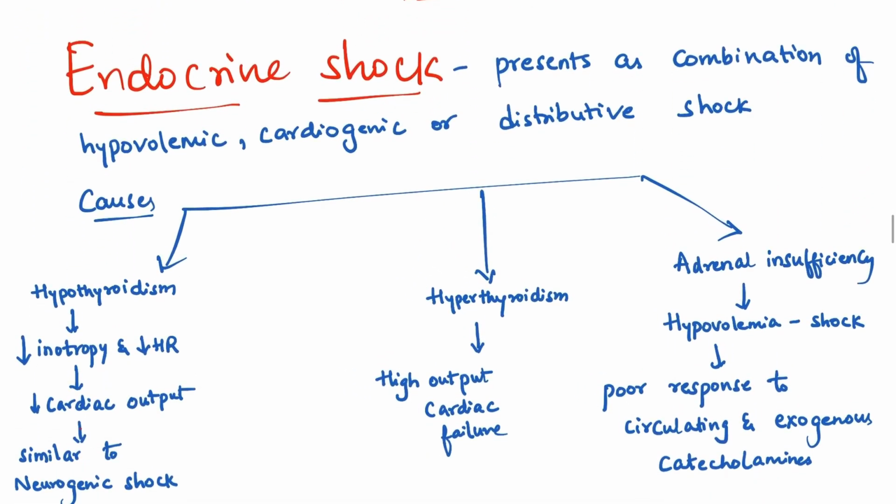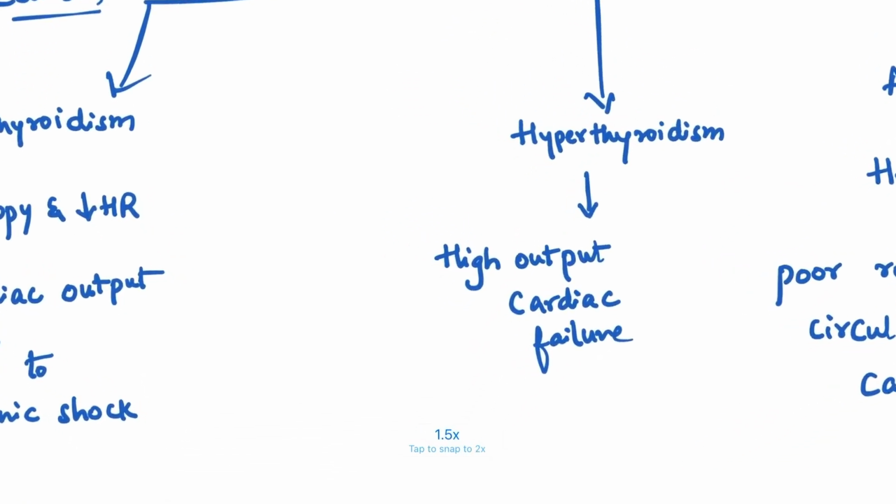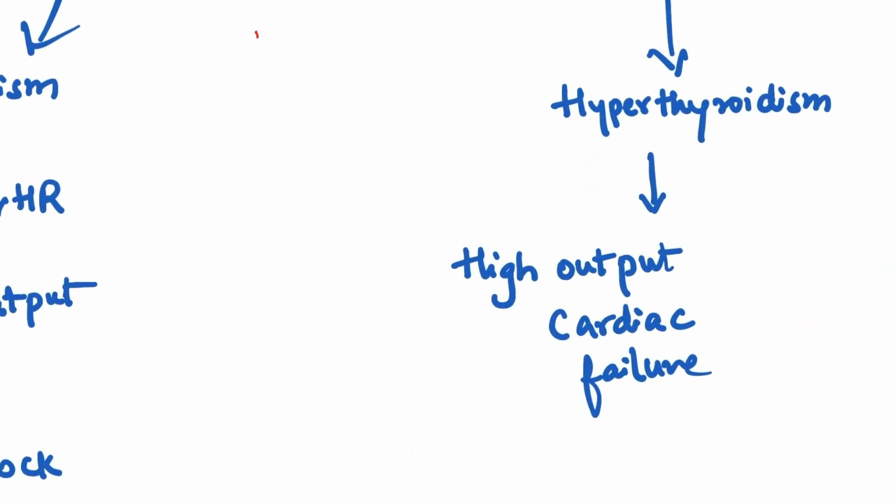Next comes our endocrine shock. This is a special type of shock where you always see a combination of different types of shocks. Whenever I say the word endocrine, what are the organs you remember? I personally remember the thyroid, so here I am talking about thyroid.